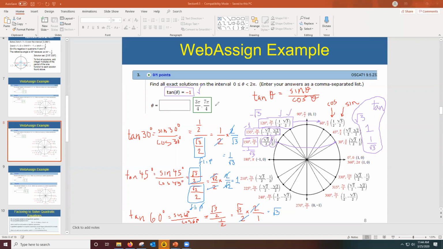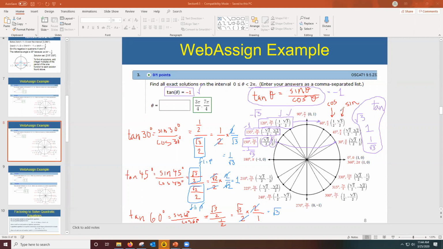Okay, so I need to figure out tan of an angle equal to -1. Well, I know because the tangent is sine over cosine, if this answer is going to be -1, the only way that can happen is if the sine and the cosine are the same value, but different signs.